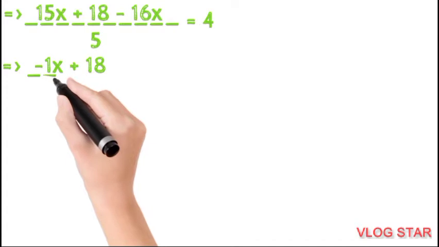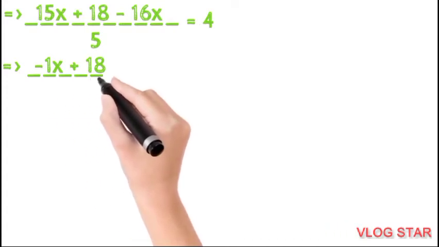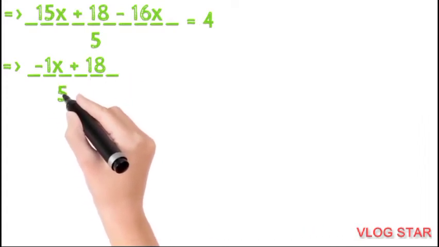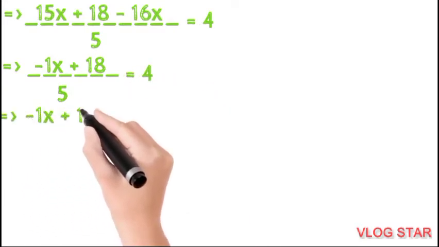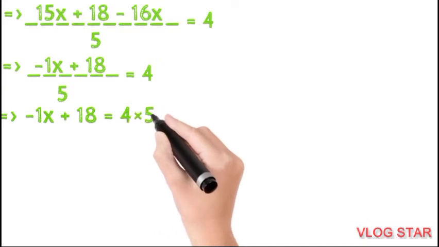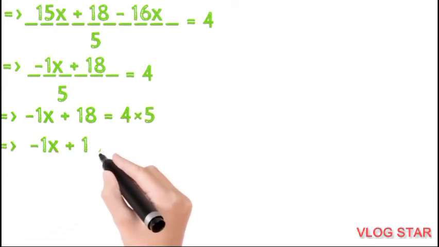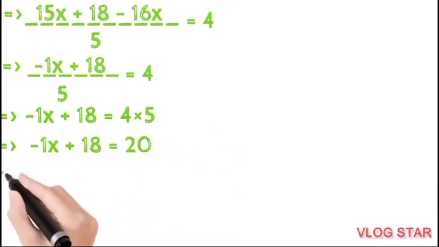That implies (minus 1x plus 18) by 5 equal to 4. That implies minus 1x plus 18 equal to 4 into 5, that is minus 1x plus 18 equal to 20.